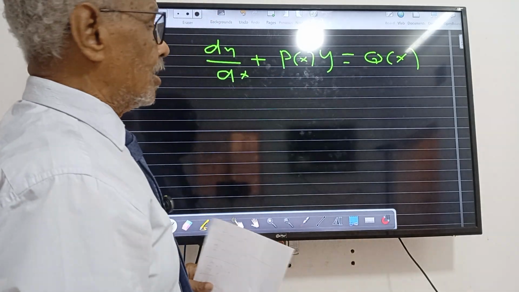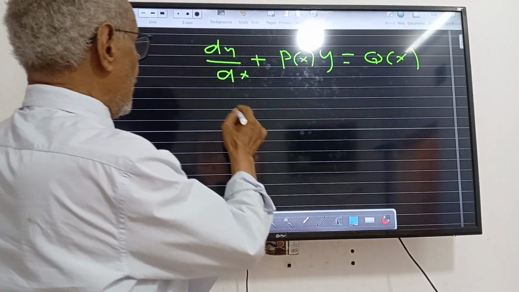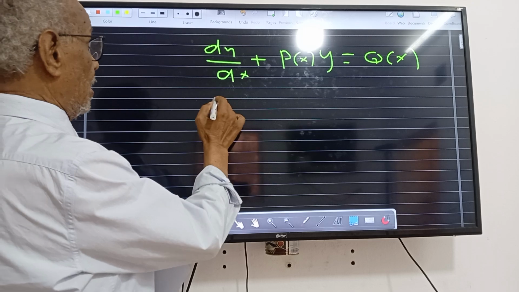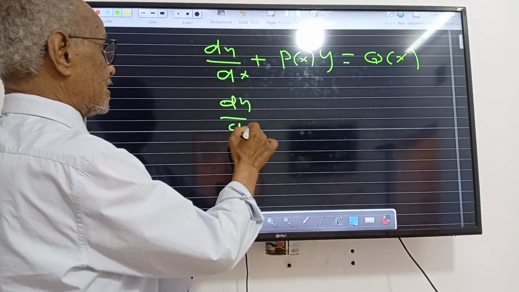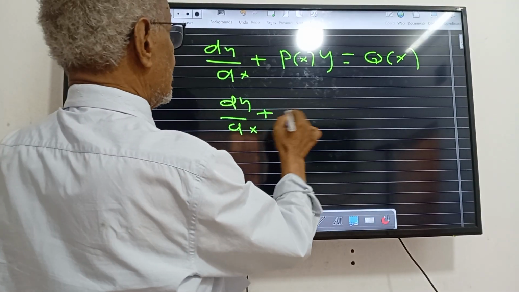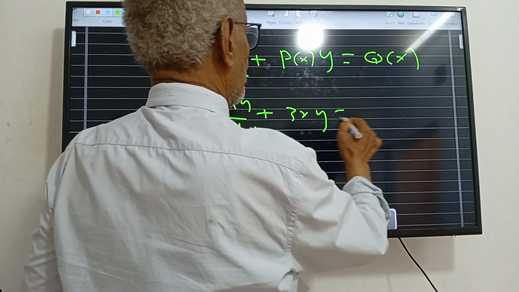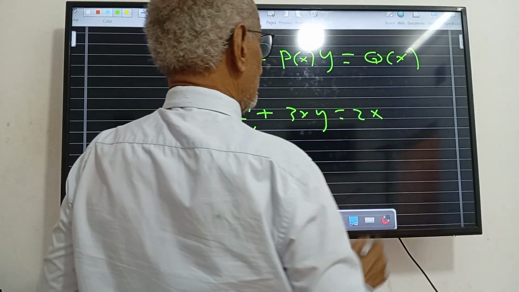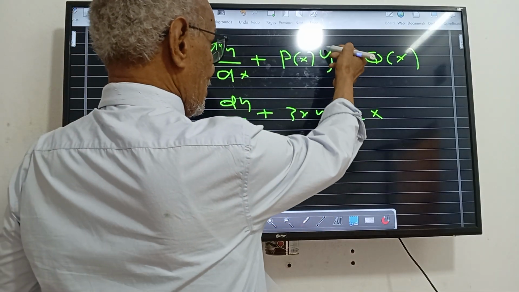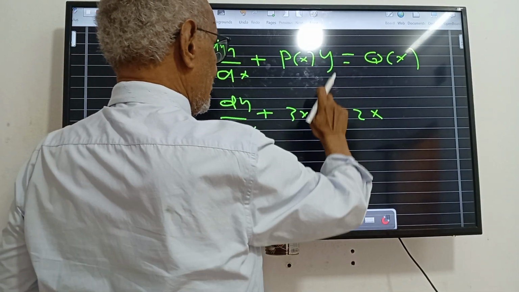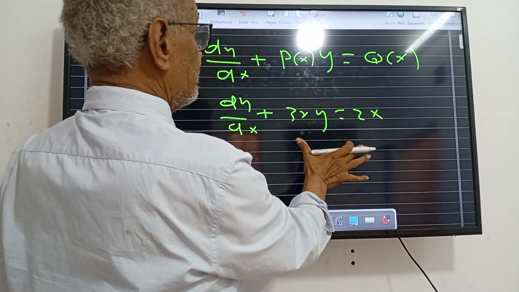So let us take some examples of linear and non-linear. For example, dy over dx plus 3xy equal to x. This is linear because y here is raised to the power 1, and here y is raised to the power 1, the same form.